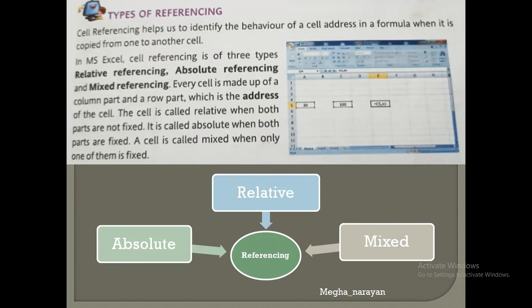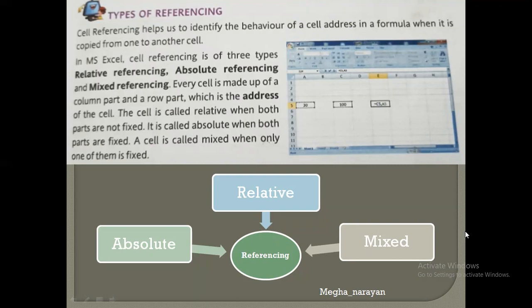In the same chapter, you had to learn various types of referencing. Cell referencing, what it is, I have already told you. Now in MS Excel, there are three types of referencing: relative referencing, absolute referencing, and mixed referencing. We will move to them, but before that, let us talk about the MS Excel basics.